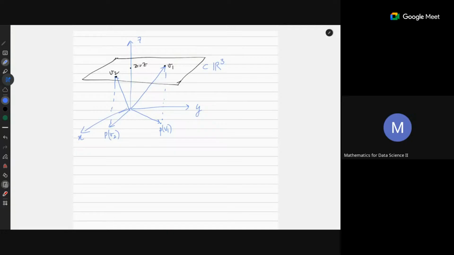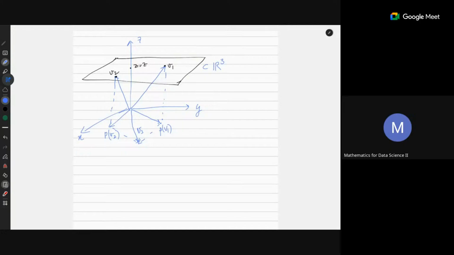Now you can define addition over here. You define the addition over here, and whatever the new vector that you get over here, let's say V3, which is the addition of these two vectors, you look at the image. You look at the point which projects to this V3.